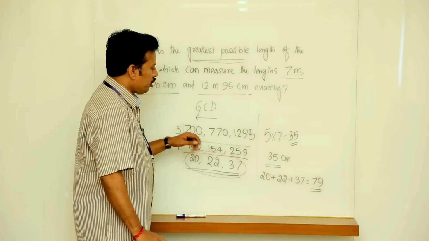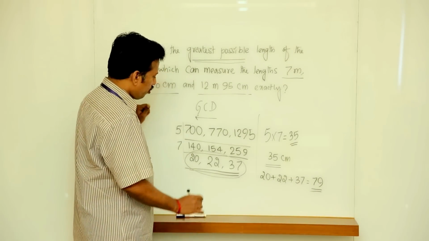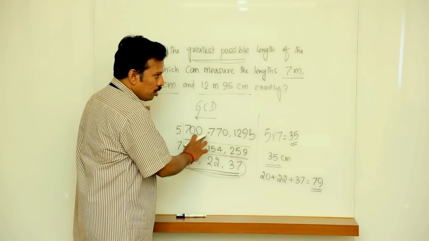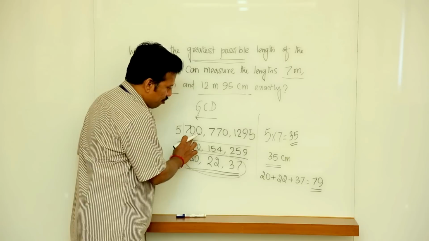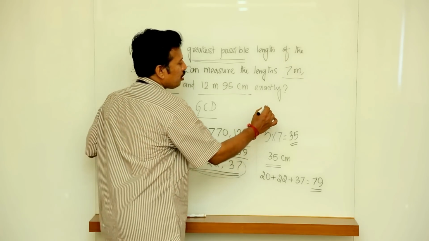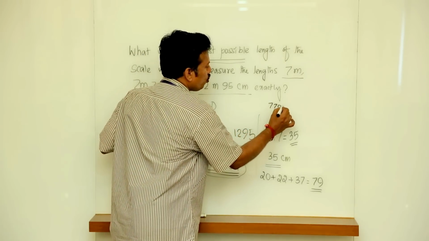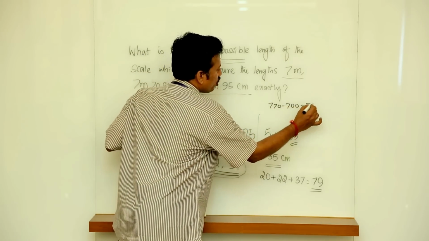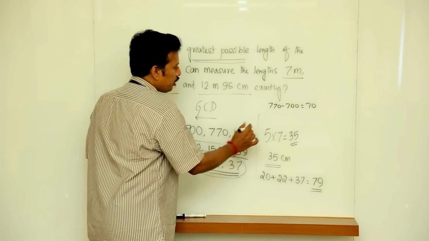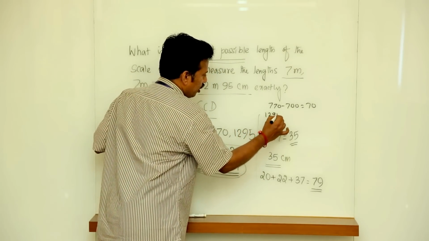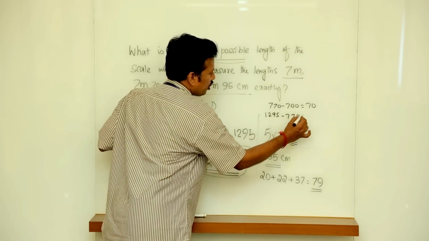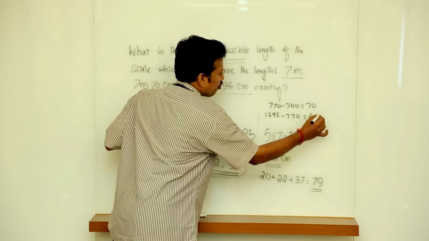You can identify a shortcut method related to this. Generally, between the given numbers, we have 700, 770. When you see the difference between these two, it is 70. Then take the next two numbers, the difference 1295 minus 770, which comes to 525.